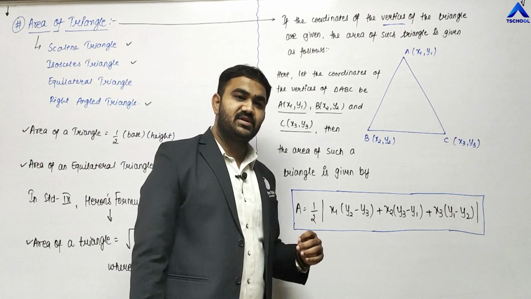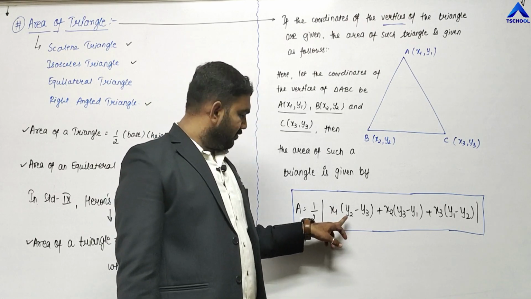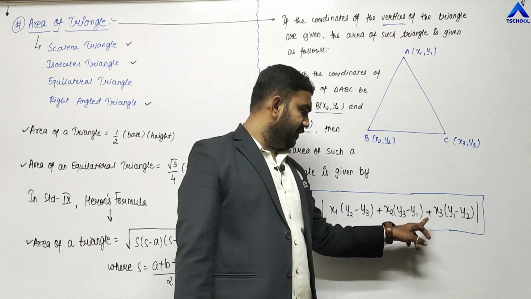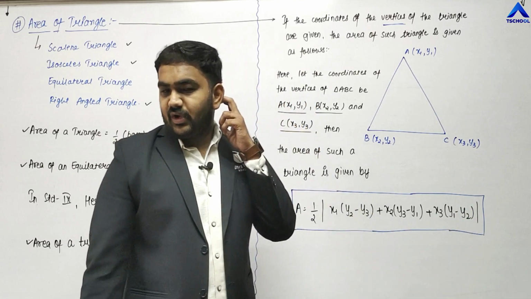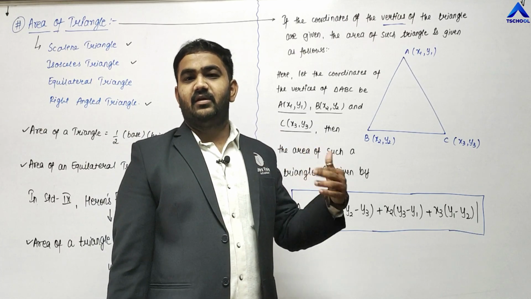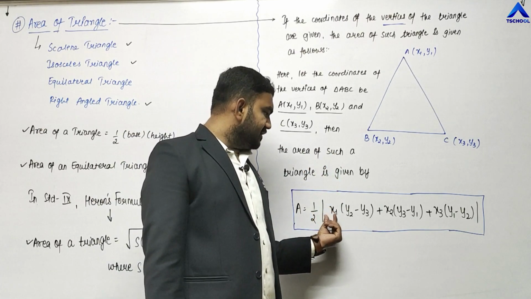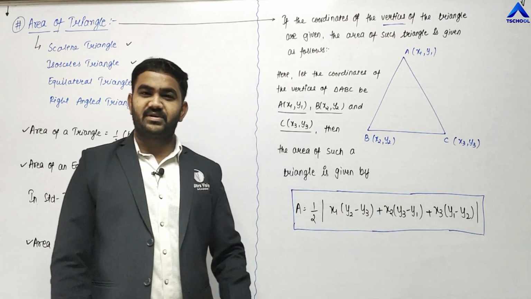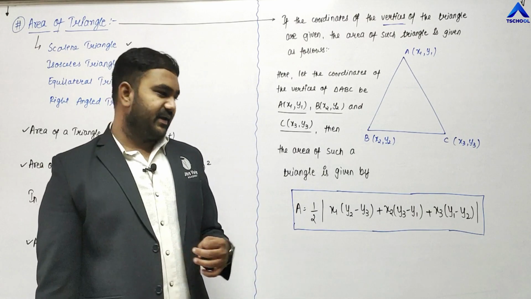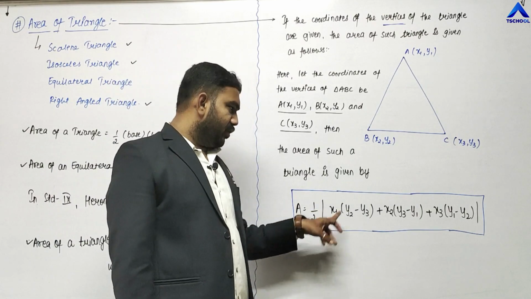You need to follow the sequence x1, y2, y3, that is 1, 2, 3, then 2, 3, 1 and then 3, 1, 2. First of all, all the x coordinates will be outside the brackets and only the y coordinates will be inside the brackets, that is 1 by 2 modulus.